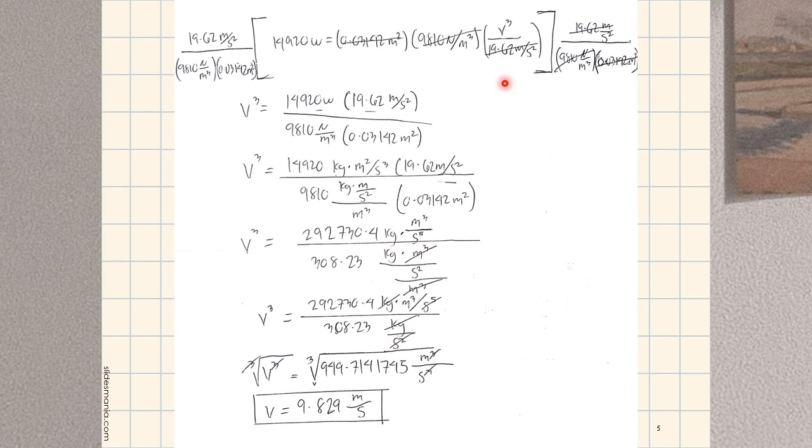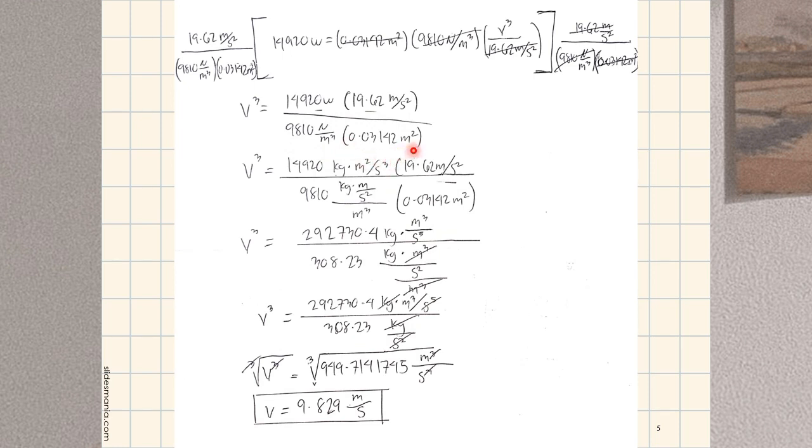And then we need to write the remaining value. So the remaining value is V raised to 3 equals 14,920 watts times 19.62 meter per second squared over 9,810 Newton per cubic meter times 0.03142 meter squared.